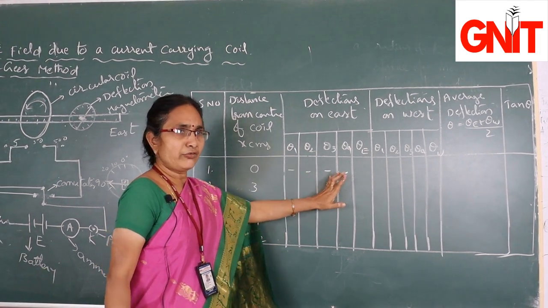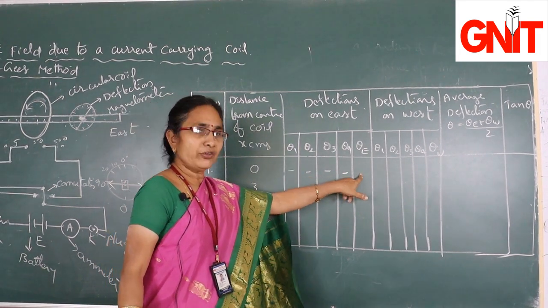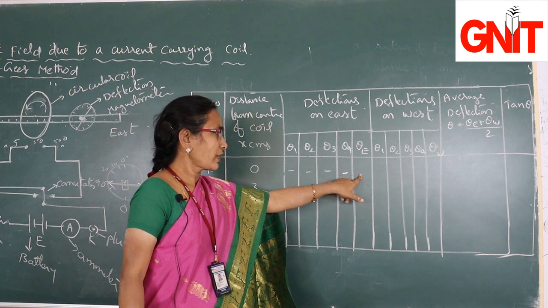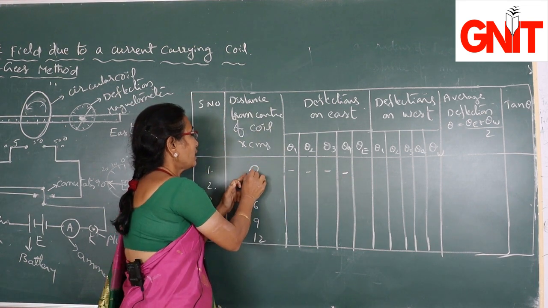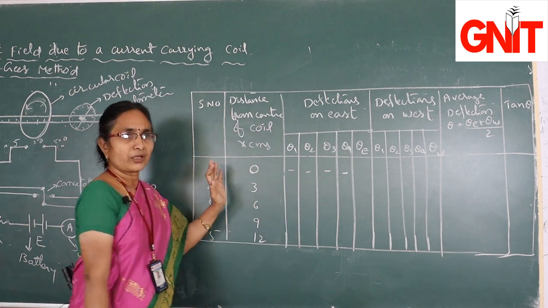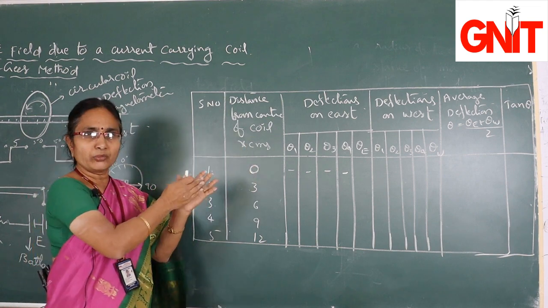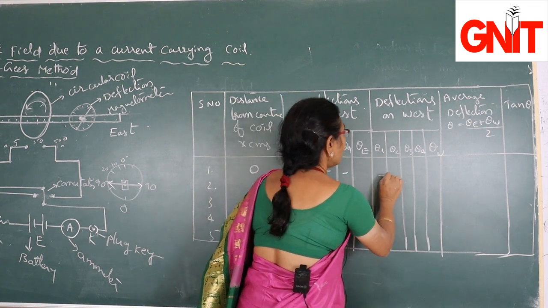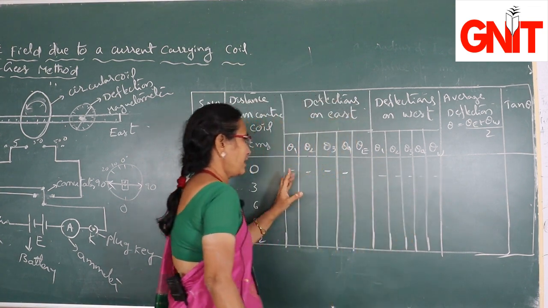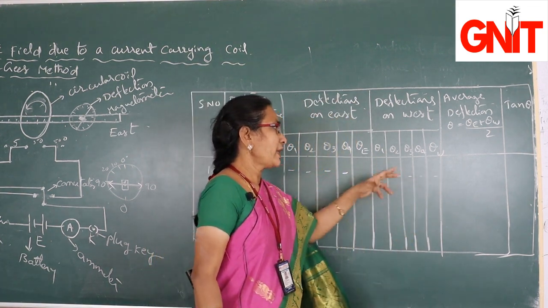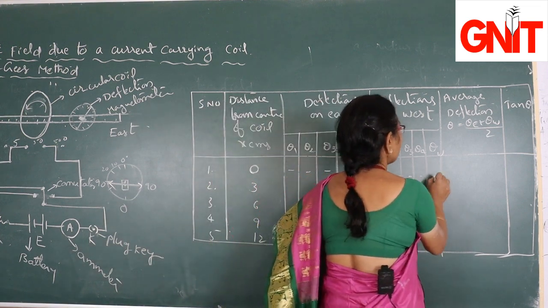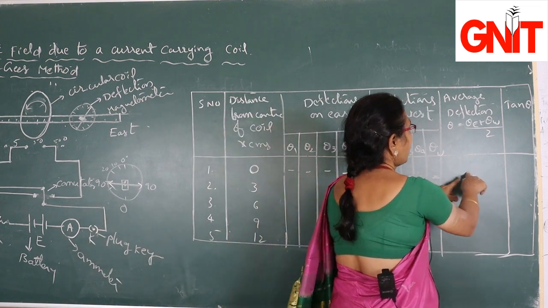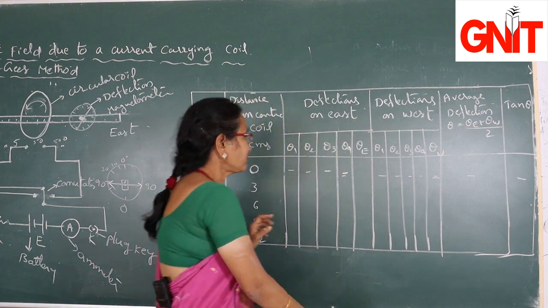That means add all the 4 and divide by 4, that will give you theta east. And since you are not moving to any side, the same values can be put here because it is at the center. And theta is equal to the average of this and this, that we will calculate here. Tan of that value will be put here.